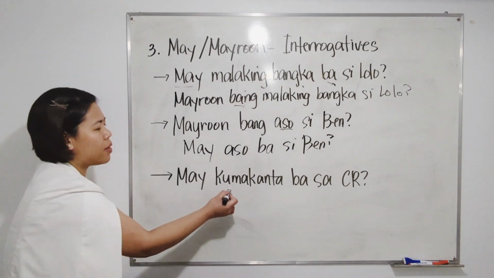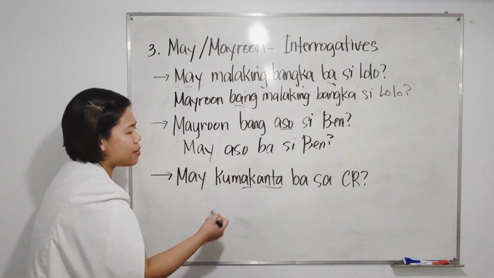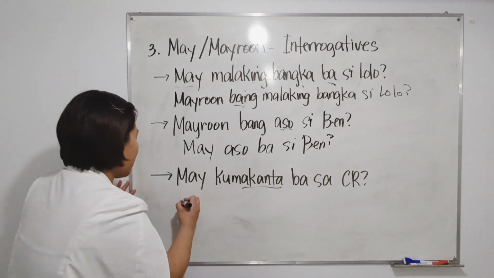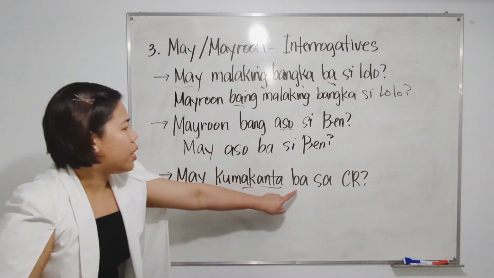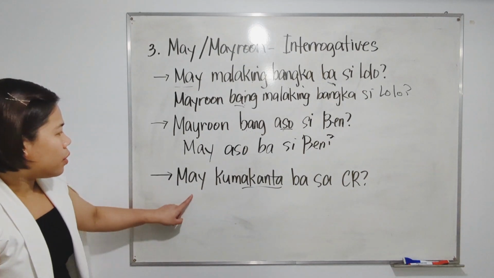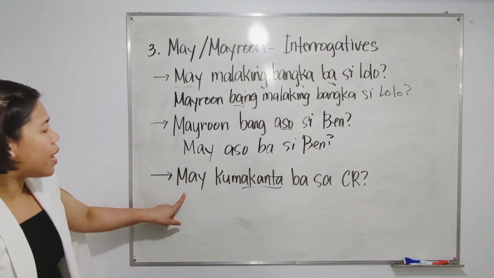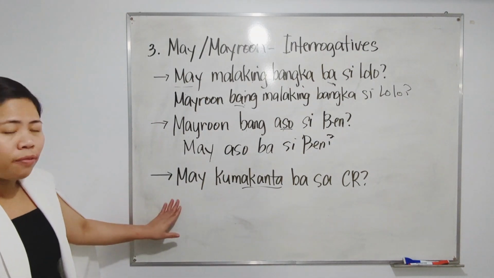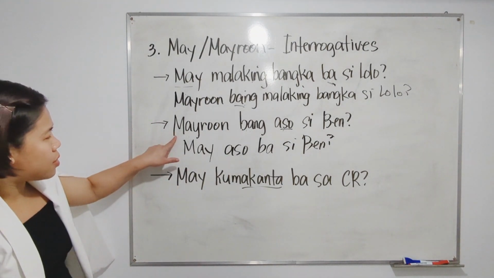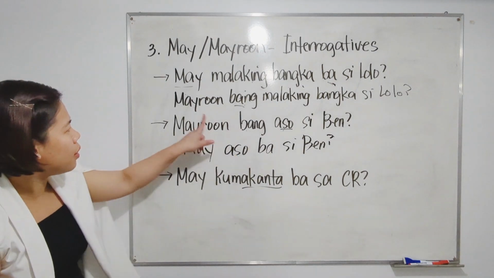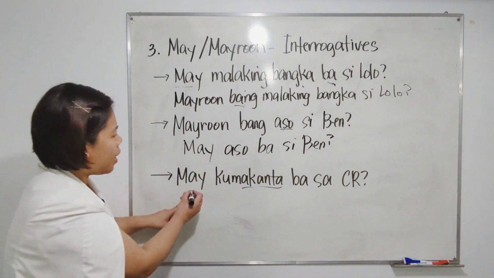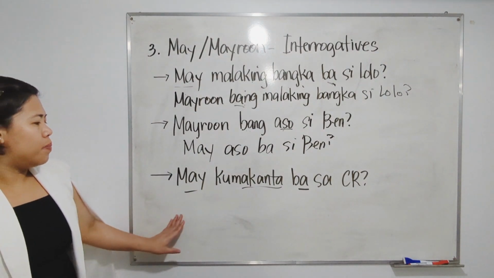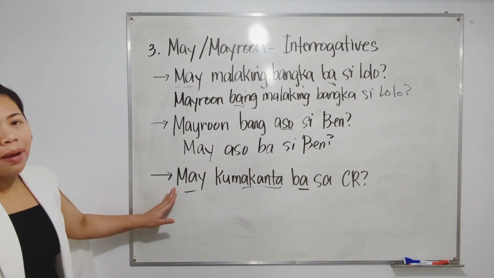We use may because kanta is a verb. So, how about if we are going to use mayroon? Then, it's the same. We put the word particle after the word mayroon. Meron bang kumakanta sa CR? It's just the same format as this one. Meron bang kumakanta sa CR? That's how you're going to change it to mayroon from may.